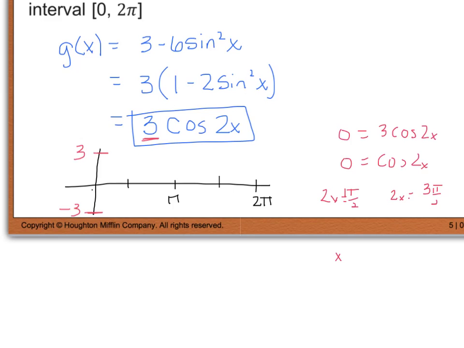So when we divide both sides by 2, we end up with pi over 4 and 3 pi over 4. So my zeros then are going to be here, here, here, and here. And we end up with a curve then that looks like this. And now we're done with the whole problem.